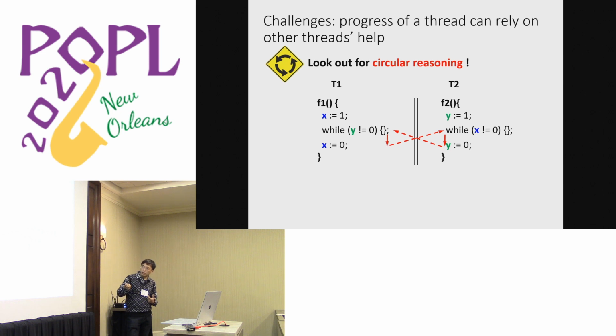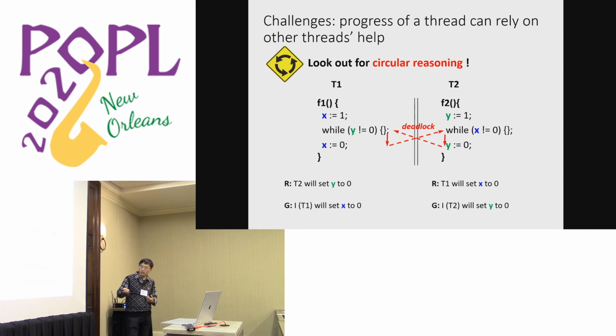So as we can see here, this is a standard deadlock scenario. But if we are not careful, we just follow the standard rely-guarantee style reasoning, it seems we could verify it. So for this thread on the left, it says, well, I rely on the thread T2 that will set y to be 0. And then I guarantee, as T1, that x will be 0. For T2, it relies that T1 will set x to be 0.